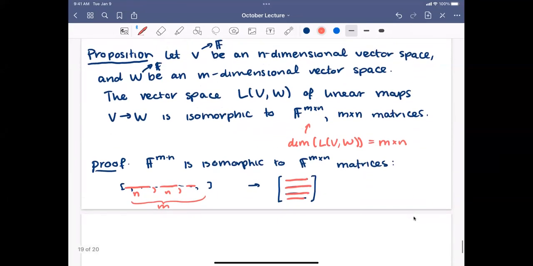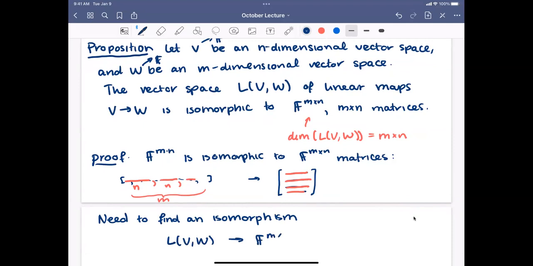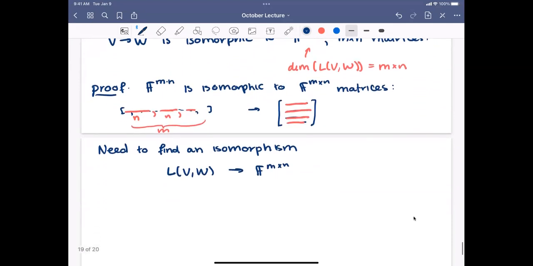So to prove this proposition, we need to find an isomorphism from L(V, W) to F to the m by n. The idea is to use the matrix thing.